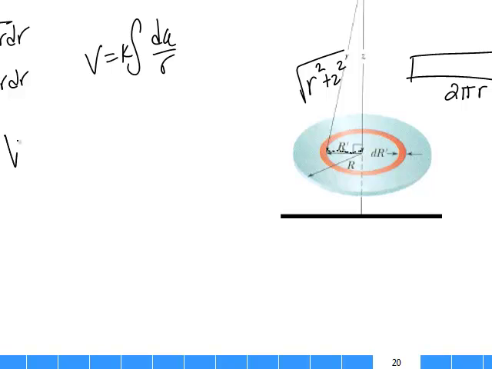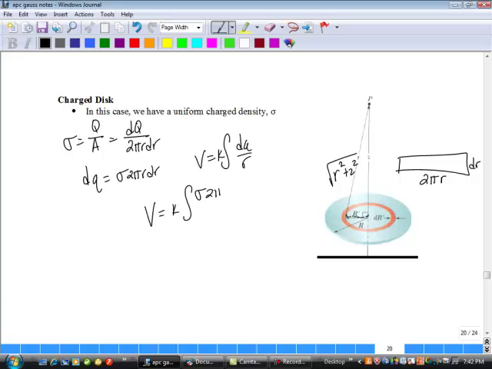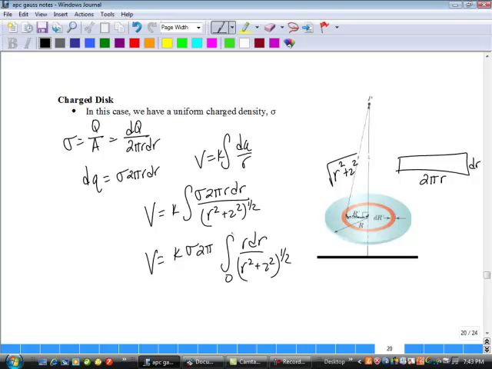And so as I fill out this integral, I get lambda 2 pi r dr over r squared plus z squared to the 1/2 power. Pulling out those constants, lambda and 2 pi, gives me k lambda 2 pi times the integral of r dr over r squared plus z squared to the 1/2 power, and I'll integrate that from 0 to capital R.